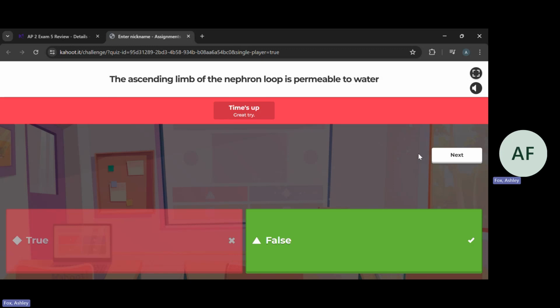The ascending limb of the nephron loop is permeable to solutes, specifically sodium is going to be the major one. The descending limb of the nephron loop is permeable to water. So only water is moving in the descending limb of the nephron loop. Only solutes are moving in the ascending limb.